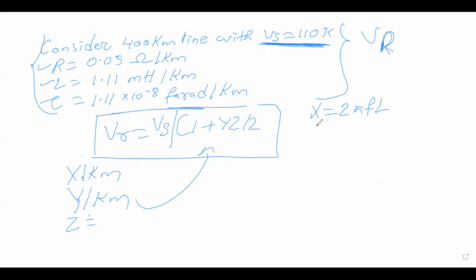The value of pi you know, frequency would be 50 definitely, and L is given over here. And Y would be 2 pi fC, right? This data, just copy it out.